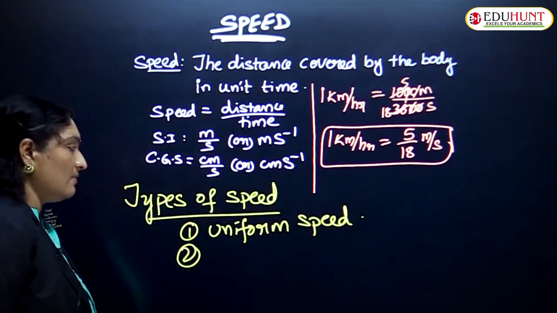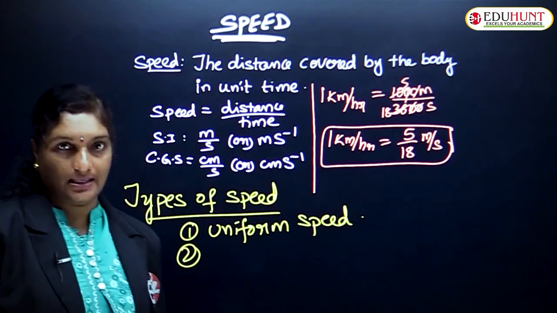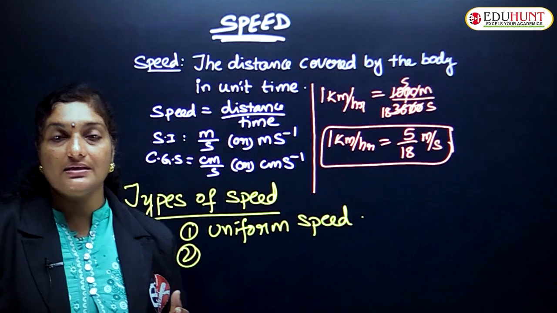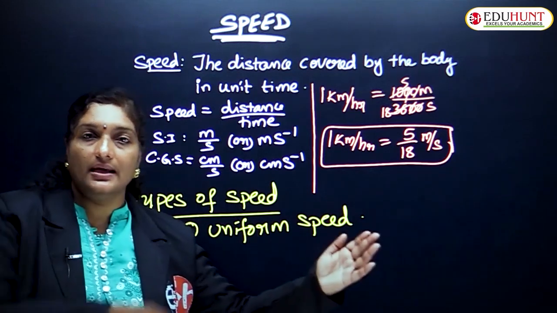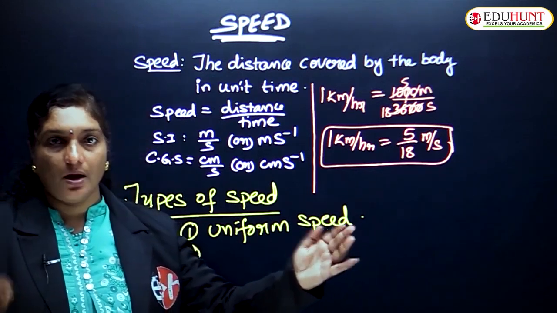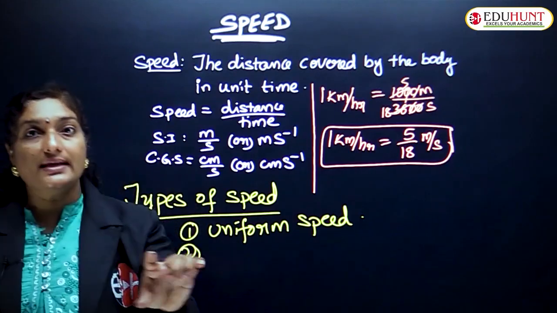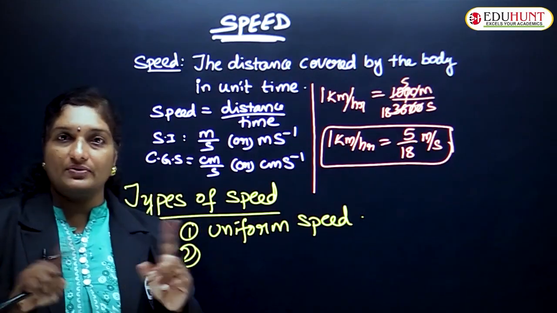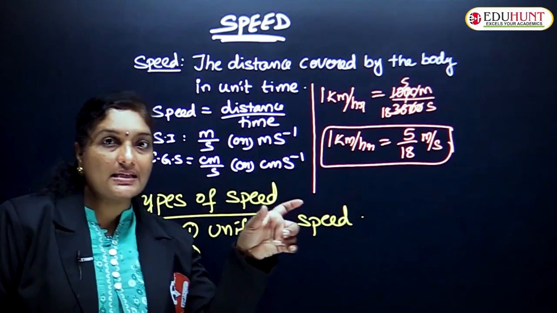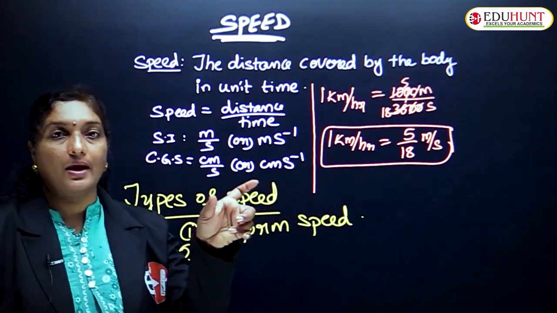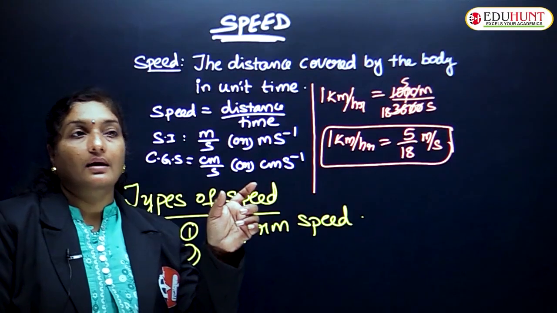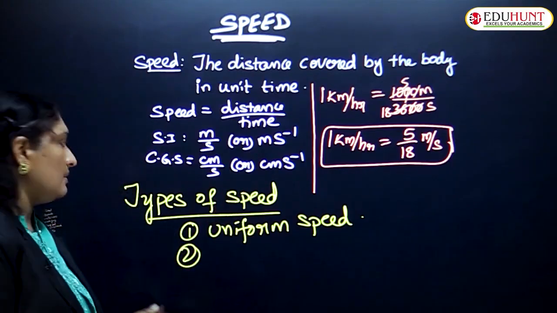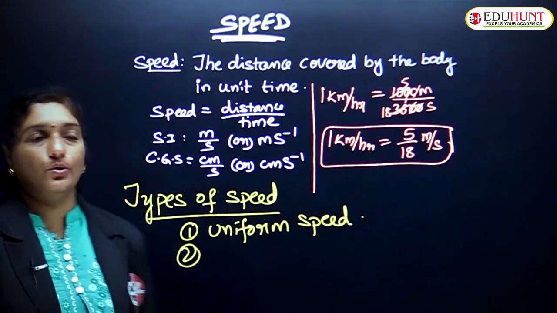Whereas when a body covers unequal distances in equal intervals of time, or equal distances in unequal intervals of time, in either case, both come under non-uniform speed.